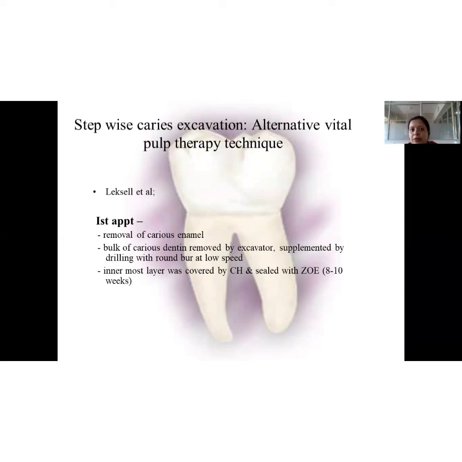After that, protection of the pulp by placing a liner or a base also comes under pulp therapy. So while classifying your pulp therapy, the first point is application of a liner or base, then indirect pulp capping, then direct pulp capping, and then there is pulpotomy and pulpectomy. Okay, so placement of a liner or a base also is a pulp therapy.